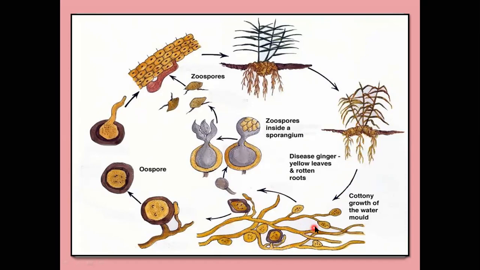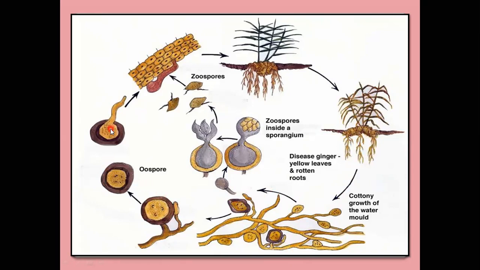So the hyphae and mycelia survive for a long duration in soil, but under favorable conditions, the somatic hyphae develop the oogonium and antheridium.